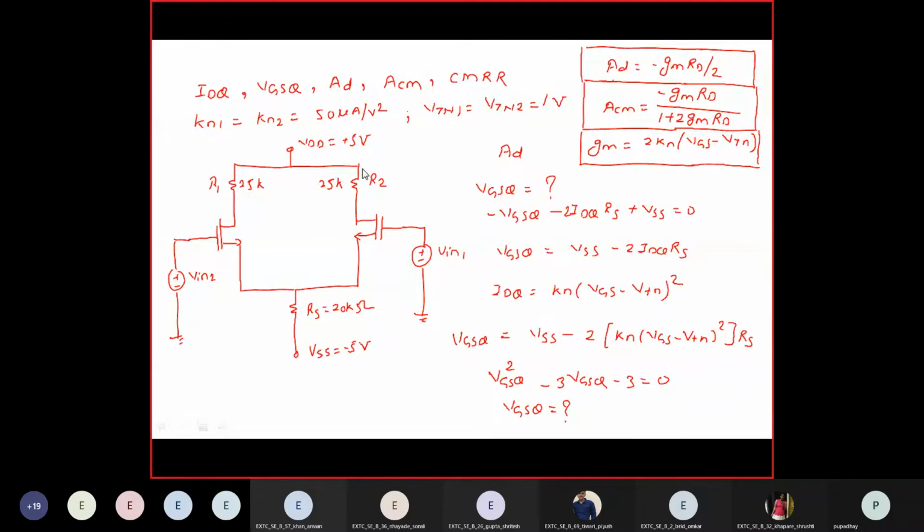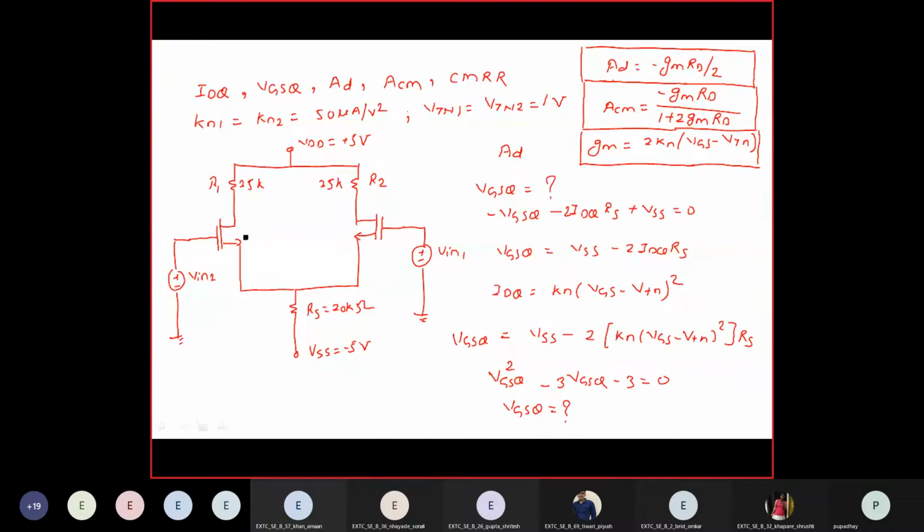This is a MOSFET amplifier, and for it you first have to find out the DC condition, and then we are going to see the AC condition. But our main aim is to find the DC condition, like what is the VGSQ value and IDQ value. Let me point out on the screen.